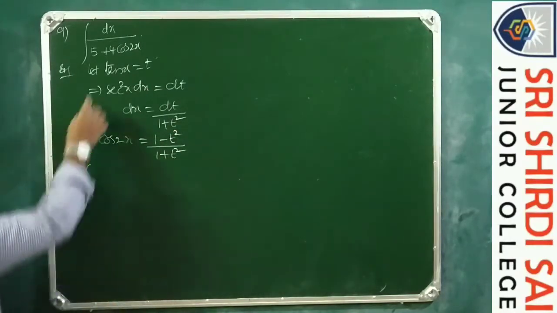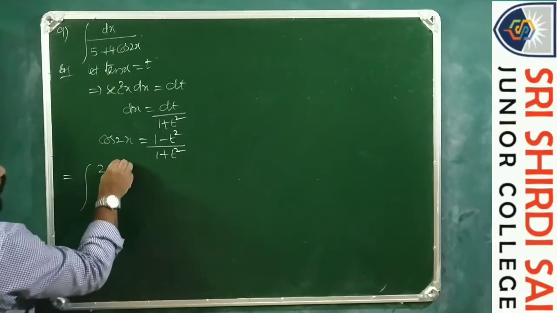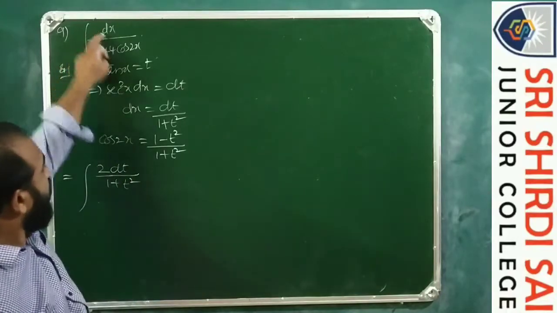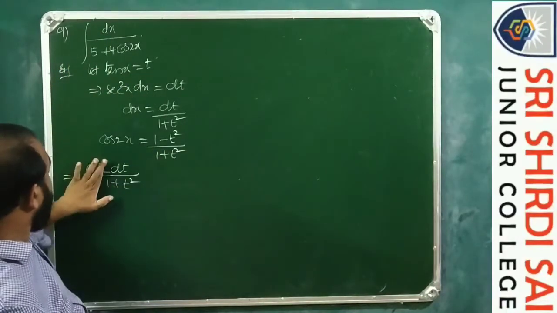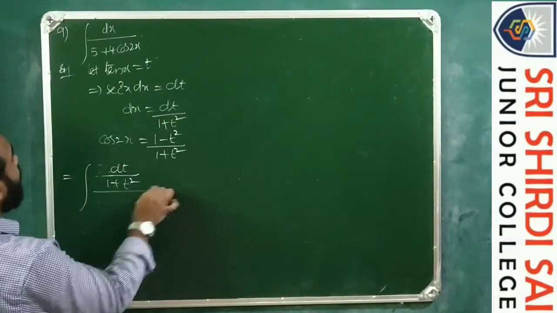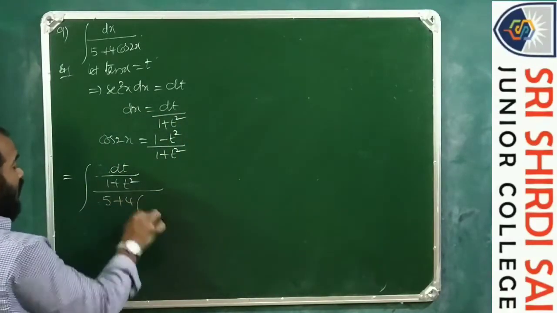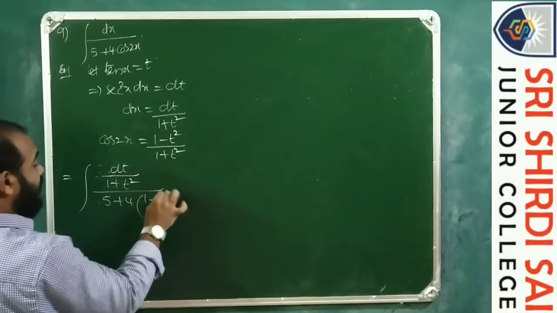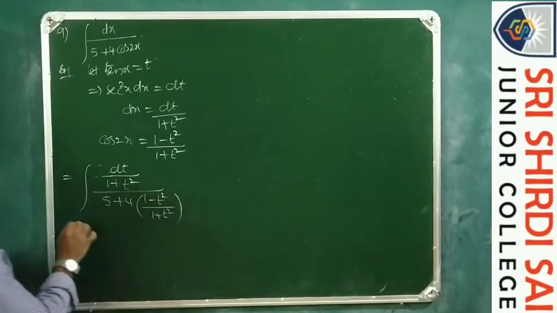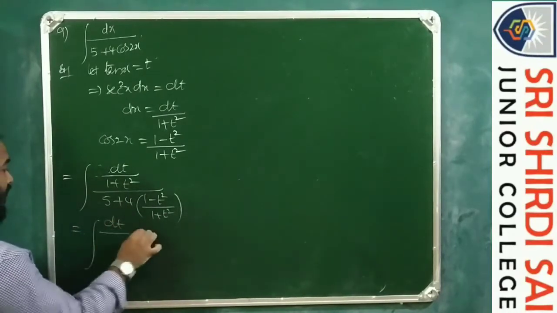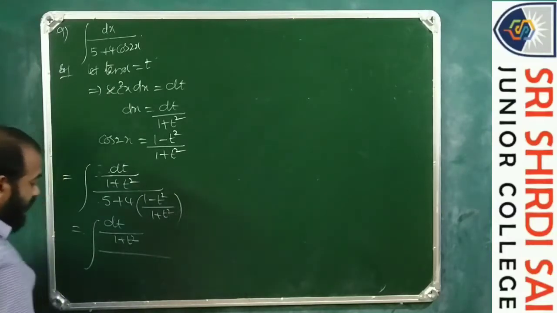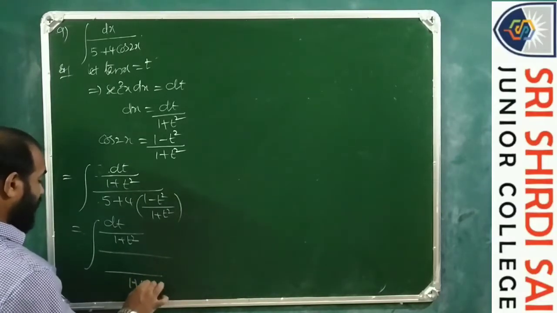So the given one can be written as dx, which is dt by 1 plus t square, by 5 plus 4 cos 2x, which is 1 minus t square by 1 plus t square. This is equal to dt by 1 plus t square by, the LCM here is 1 plus t square.